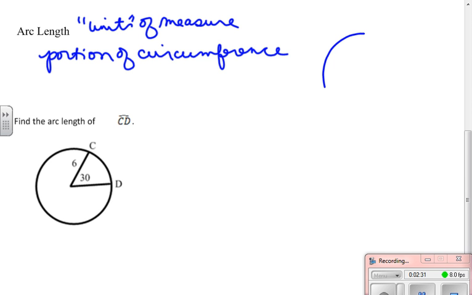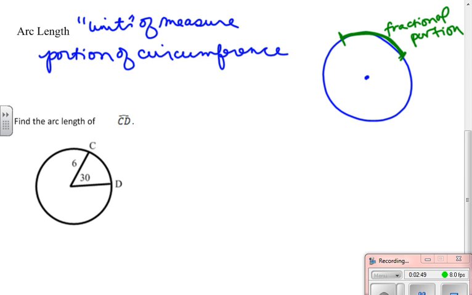If you think about the length of an arc, all the way around the circle is the circumference, and if I take this part of it, that would be some fractional portion of the entire circumference. So we could talk about the part, the arc, compared to the whole thing, and our unit of measure is the circumference, which is pi times diameter.